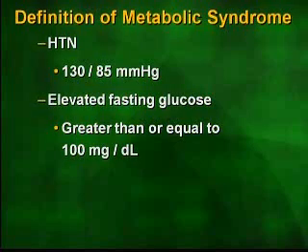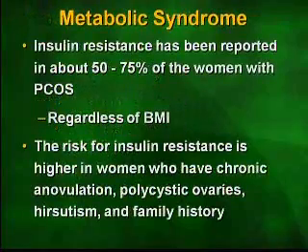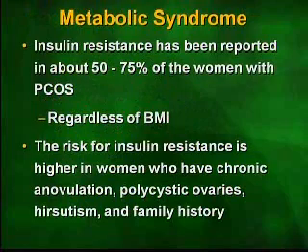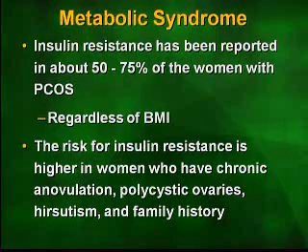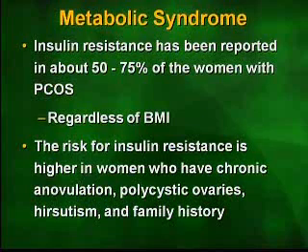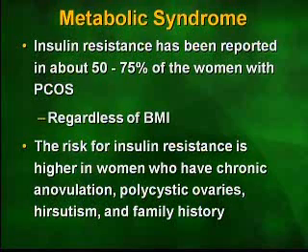So to summarize metabolic syndrome, we have to remember that insulin resistance has been reported in approximately 50 to 75% of women who experience PCOS, regardless of what their BMI is. The risk for insulin resistance is higher in women who have this chronic anovulation, if they have polycystic ovaries, if they have hirsutism, and a family history of these problems.